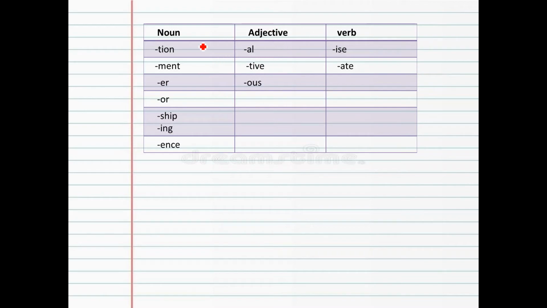So these are the most famous parts of a noun, adjectives and a verb. موجودين معاكم أظن في ورقة العمل. And if you don't have it, this is it. اكتبوها على الدفتر. Now if you see for example ER راح أعرف إنه هاي الكلمة عبارة عن اسم. If I see for example OUS, I'm gonna know this is an adjective. If I see for example IZE like advise, I would know this is a verb.